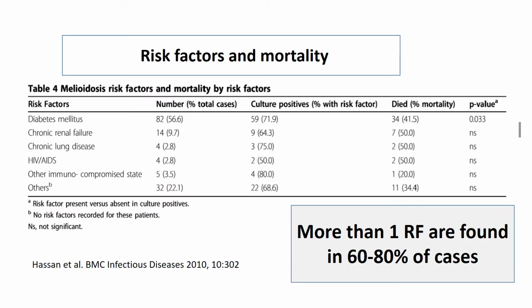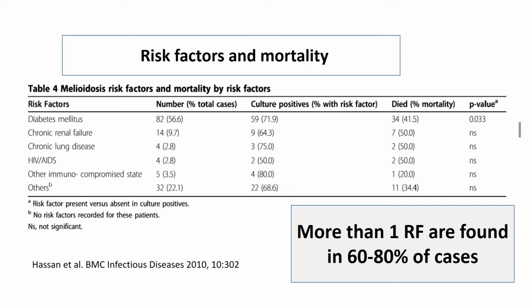Let's look at the risk factors that contribute to melioidosis and also the mortality. In this study by Hassan et al. in 2010, diabetes constituted the major underlying risk factor for developing and dying from melioidosis, as illustrated in this table. 57% of all primarily diagnosed melioidosis cases, whether or not they cultured positive, had diabetes.